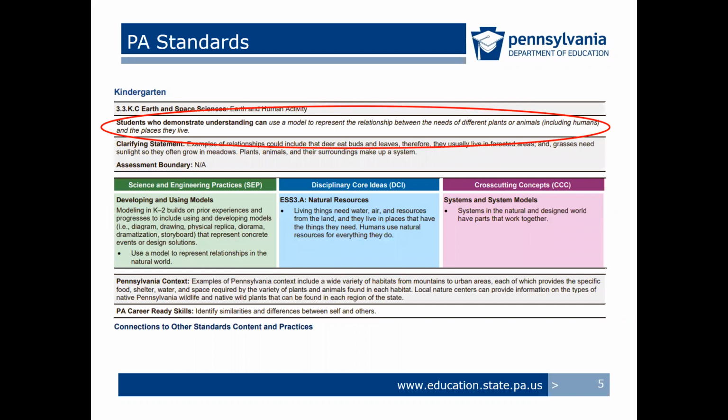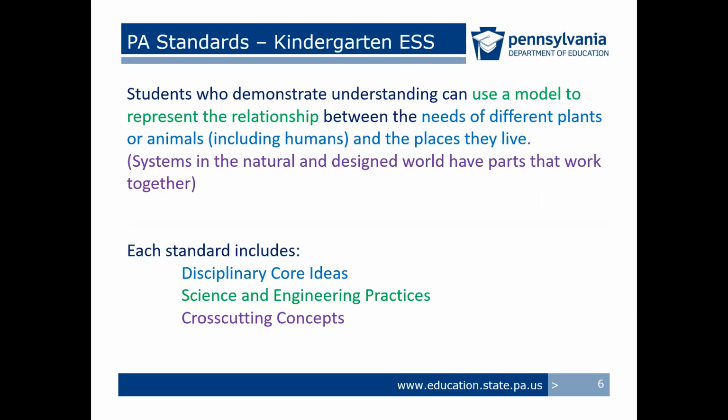This is an example of the kindergarten standard from Earth and Space. And so we're looking at students who demonstrate understanding, looking at the relationship between the needs of different plants or animals. Now, the way this is stated in the standard is that it includes all three different components or dimensions. So students who demonstrate an understanding can use a model to represent the relationship.